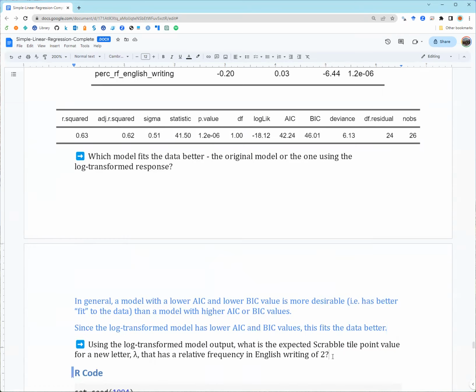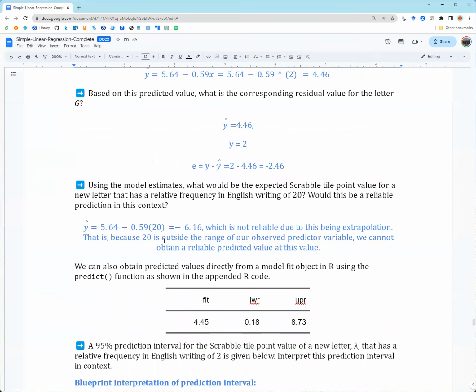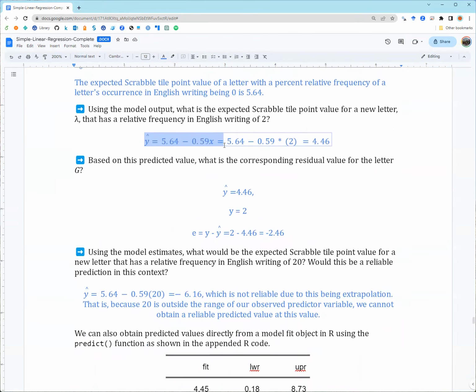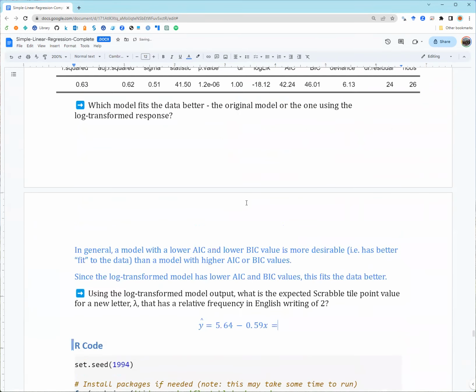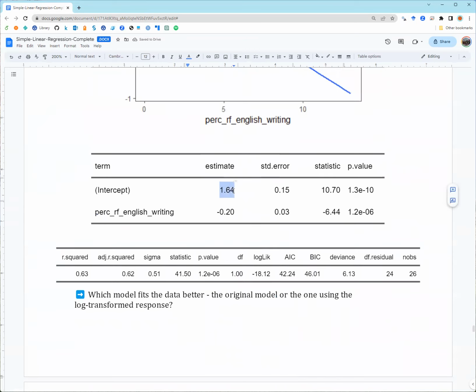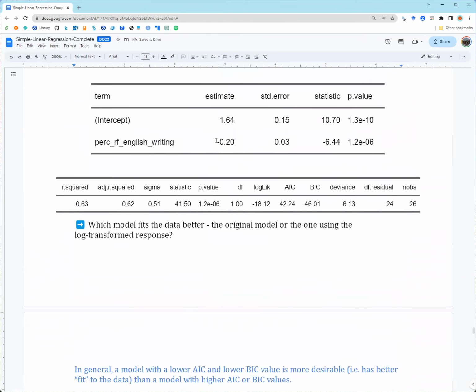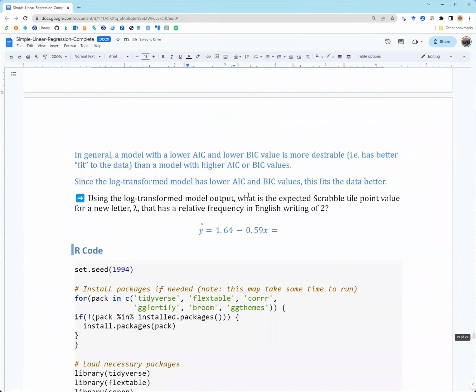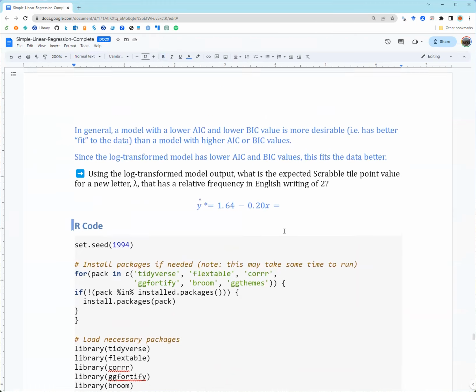Okay, so how can we get a predicted value from the log transformed model? Well, we start off a similar way to what we did before. We're going to use our new estimated regression equation to get a predicted value. Now for the log transformed model, our estimates are different, and this is now on the log scale. So it's like y hat star, which is the log Scrabble tile point value that we estimate.